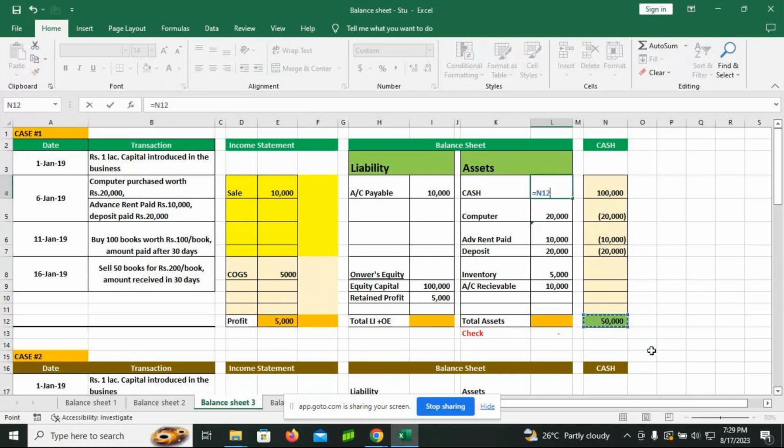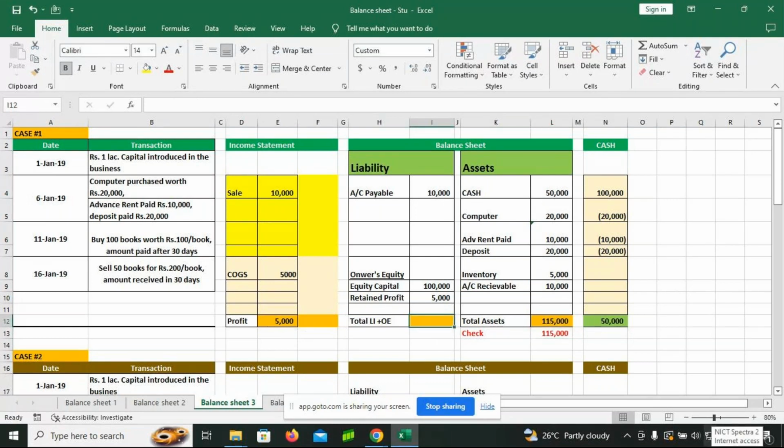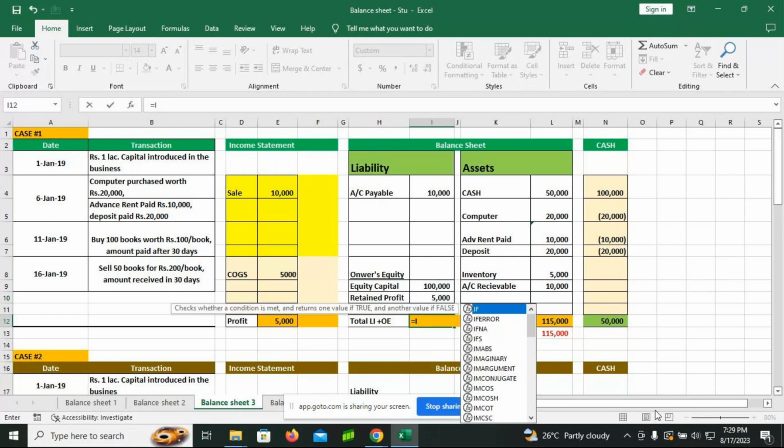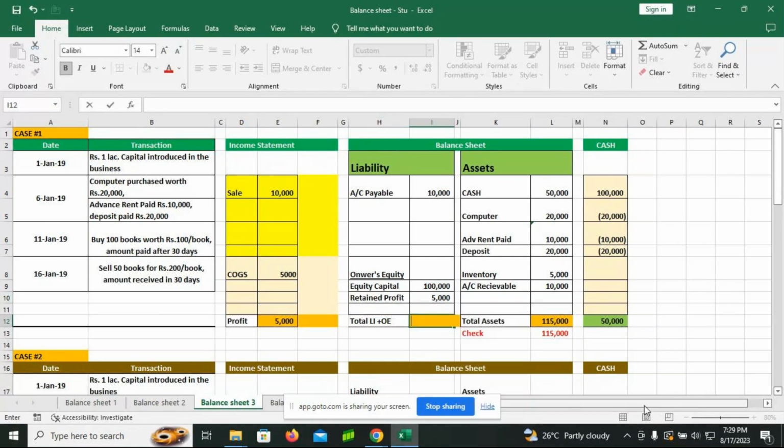I have cash in my hands. So I'll come and do alt equals. Here also I'll do alt equals. Second, I'll make alt equals.